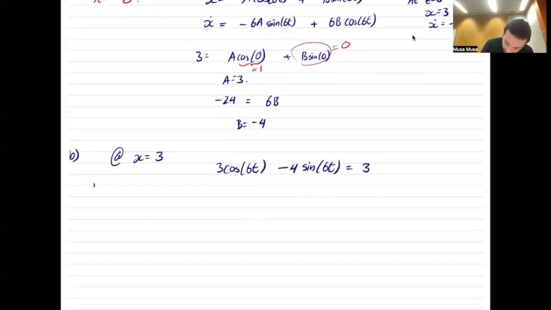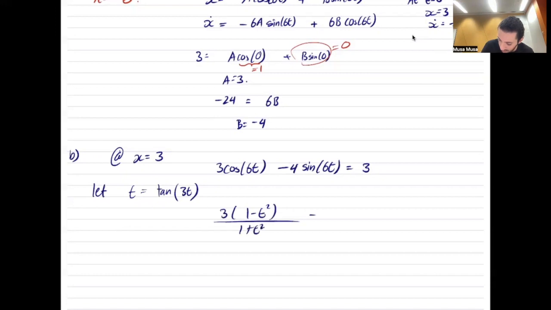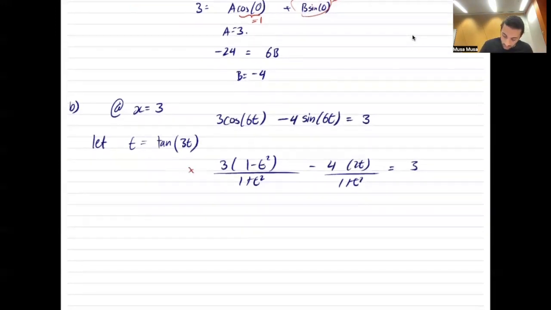So we're going to say let T equal tan of 3t, because it's 6t on 2. This allows us to use our T form identities. That's going to be 3 times 1 minus T squared on 1 plus T squared, minus 4 times 2T on 1 plus T squared, equals 3. Okay, multiplying everything by 1 plus T squared.